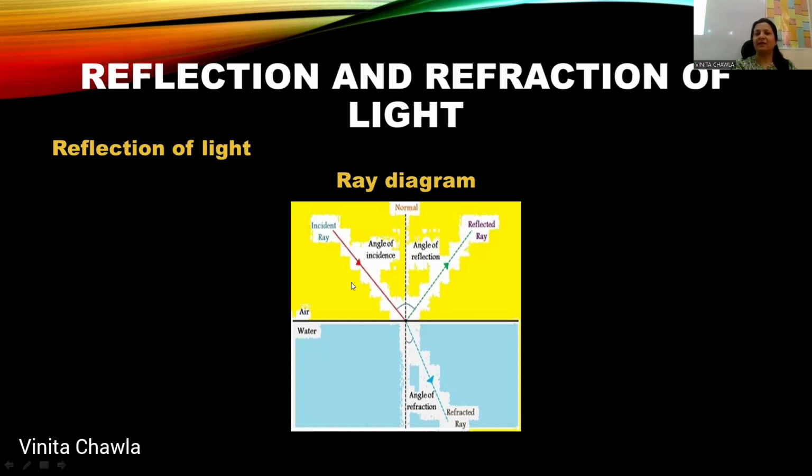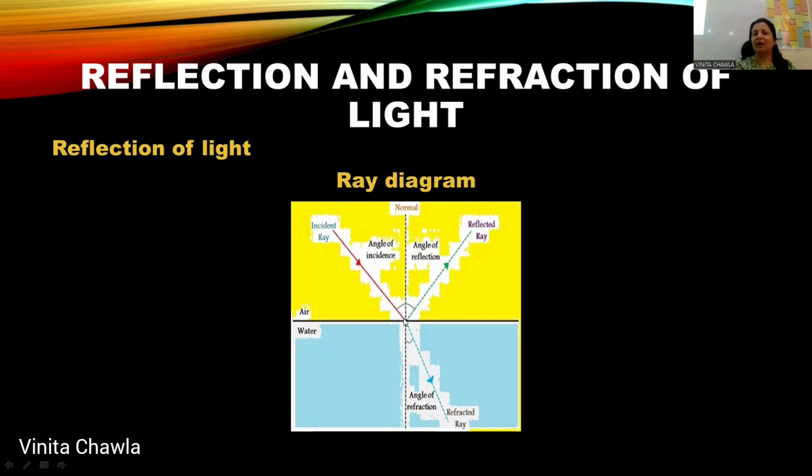Now we have a second case. You can see the incident ray, and some part of it is refracted. This is the refracted ray, and this part of light is going through the water.